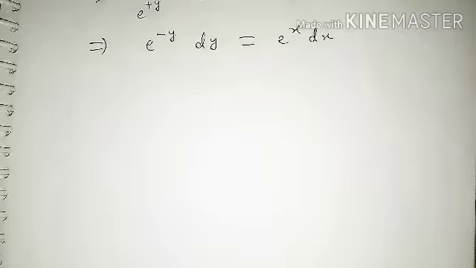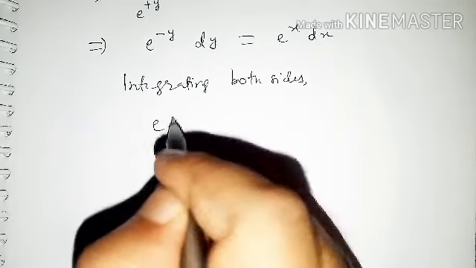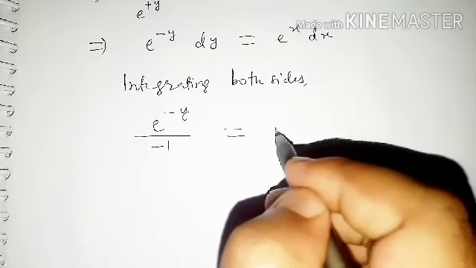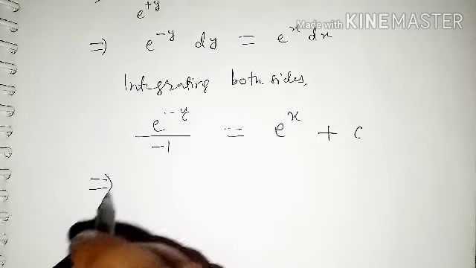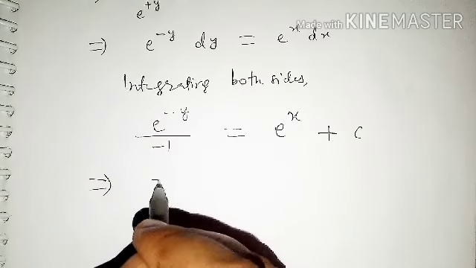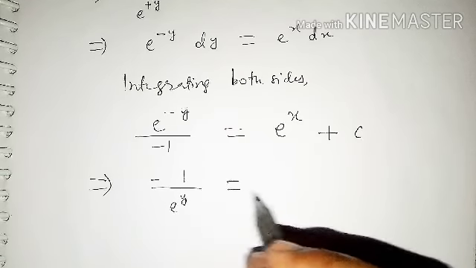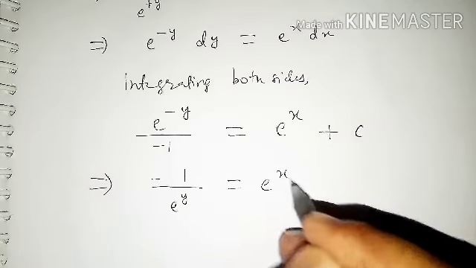Now variables are separated, so integrating both sides. Integral of this one is e to the power minus y by minus 1. This one is e to the power x plus c. This equals minus 1 by e to the power y is equal to e to the power x plus c.